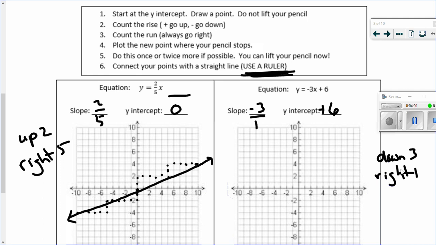Okay, so following our instructions, draw the y-intercept. Y-intercept of plus 6. We're going to go down 3 and over 1. Down 3, over 1. Down 3, over 1. Down 3, over 1.